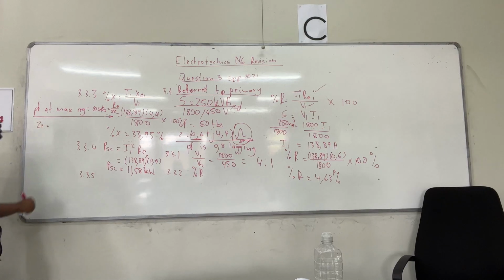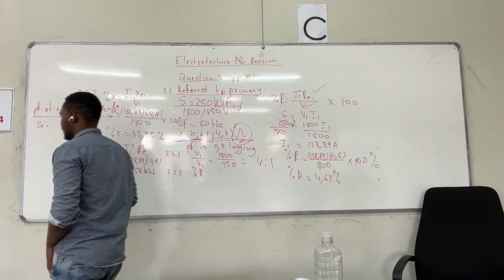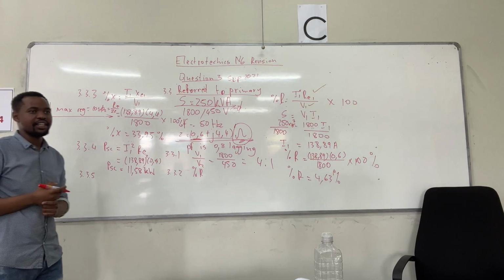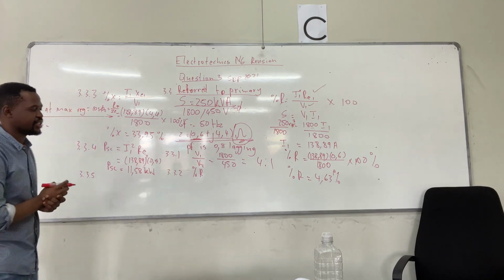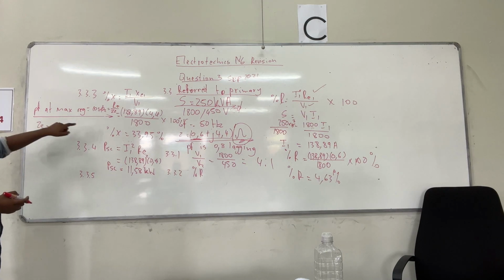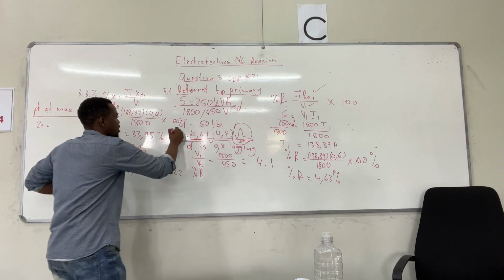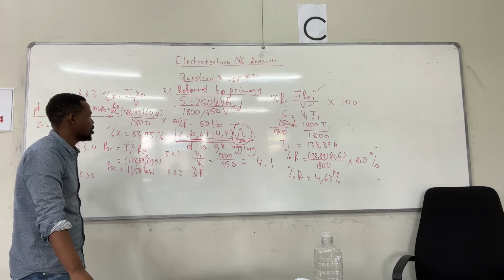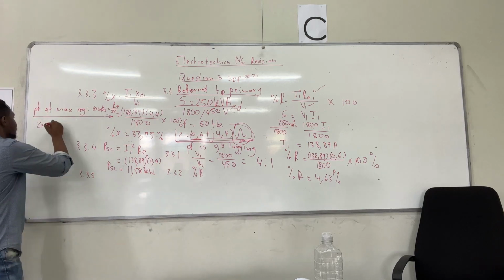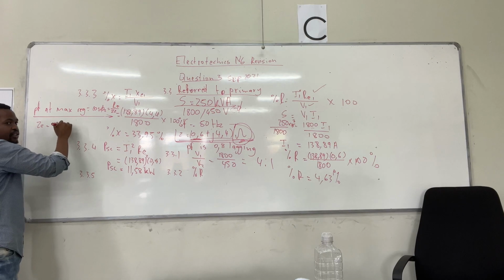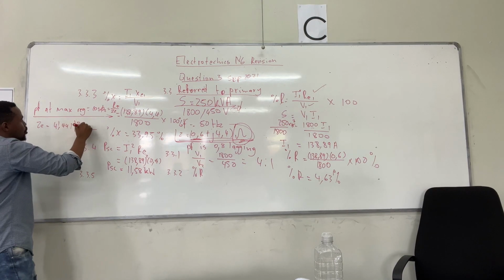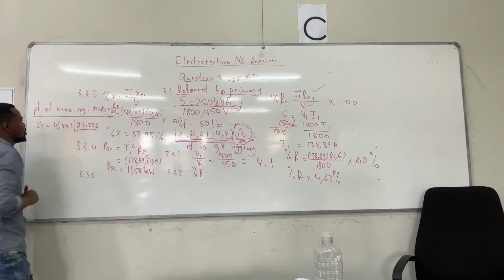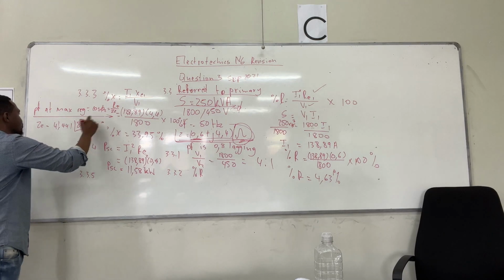Z_E we convert to polar to get the absolute value of Z_E. This impedance in polar form is 4.441 at an angle of 82.235.